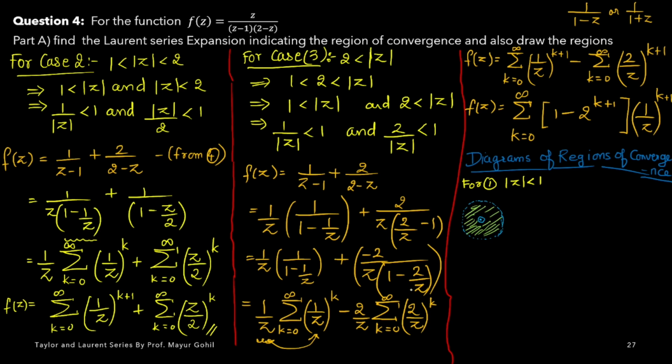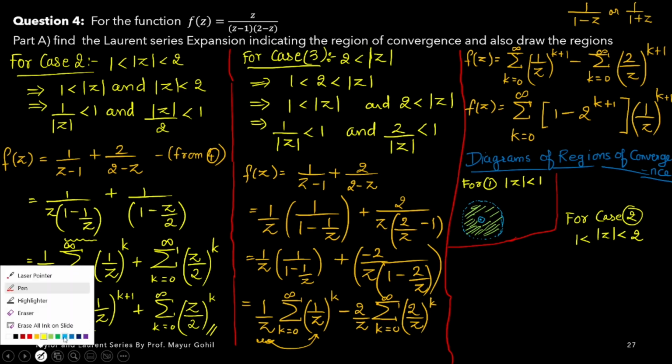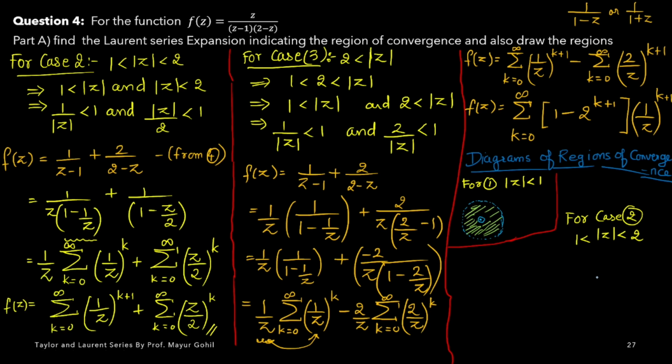Now for case number 2, I'll draw over here. We had 1 less than |z| less than 2. Now let us see what happens here. In this case we will have circles centered at origin.